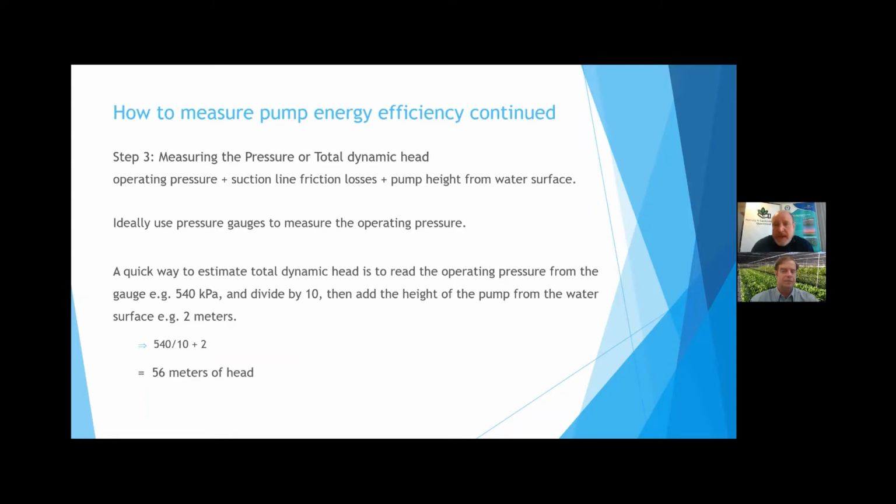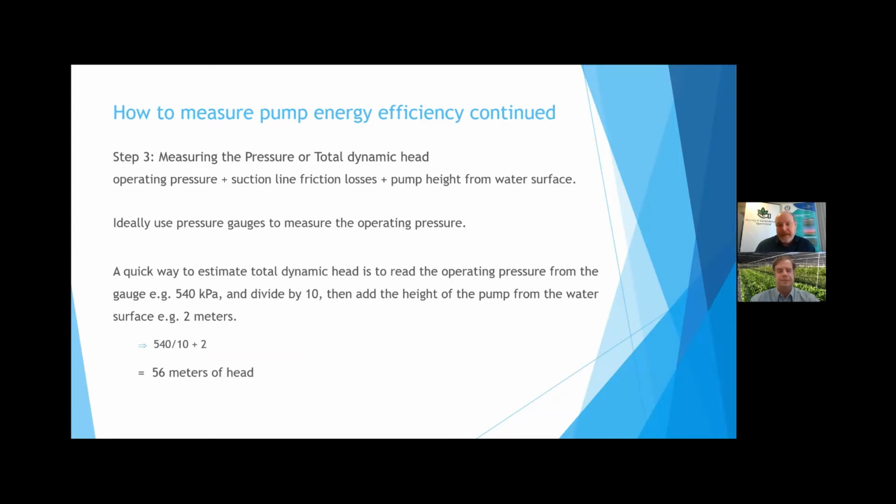level. And the example we've got here is that a pump system or irrigation system is working on 540 kilopascals. We divide that by 10 to give us 54, and then we add the 2 meters difference between the pump and the water level, which gives us 56 meters of head.